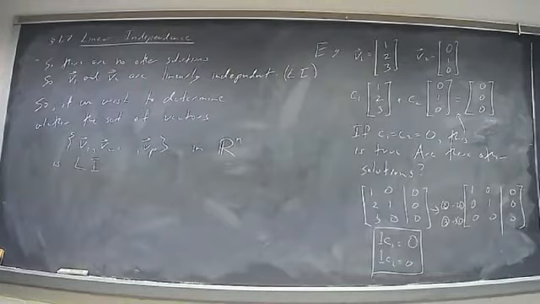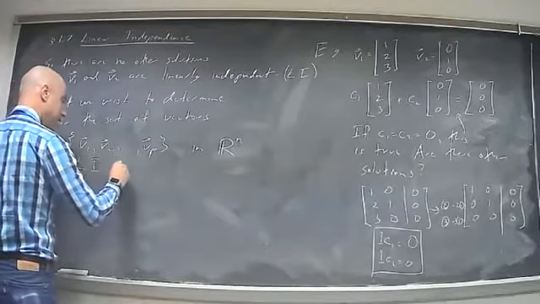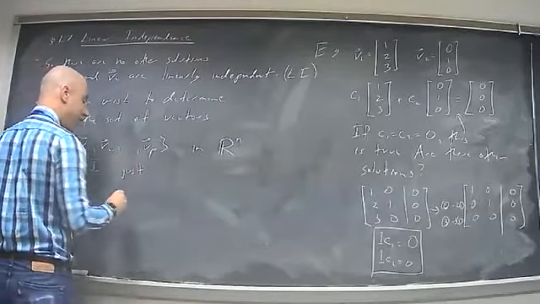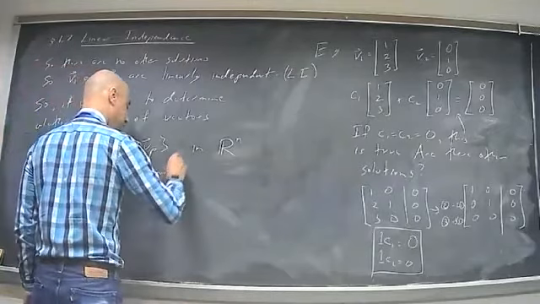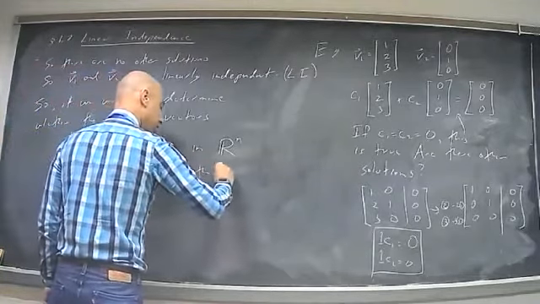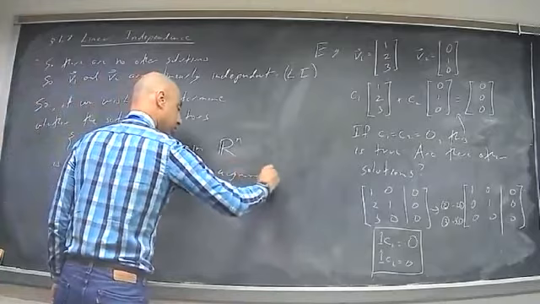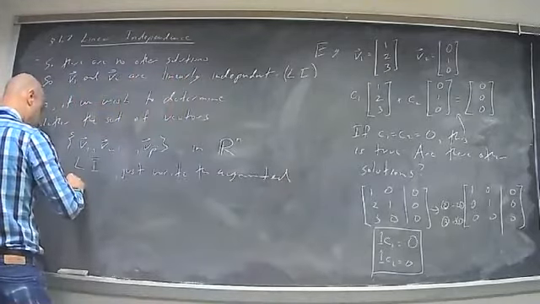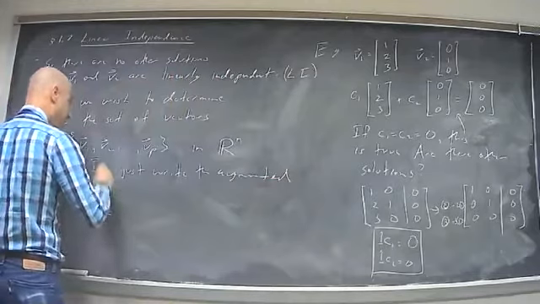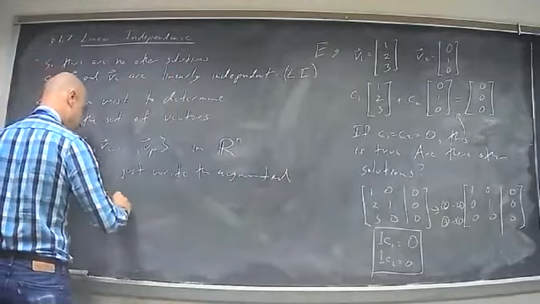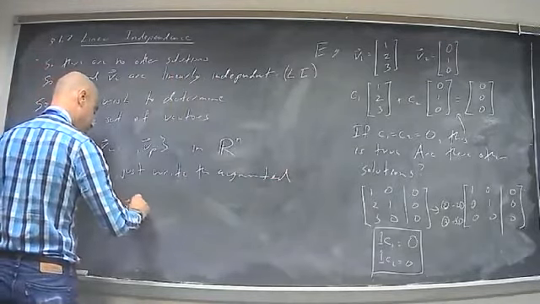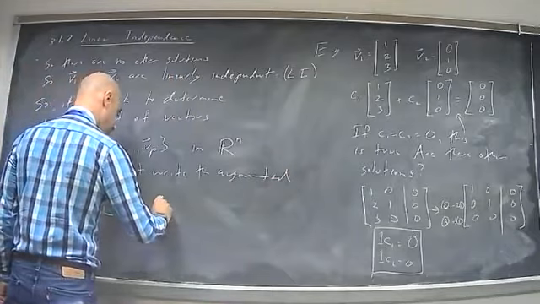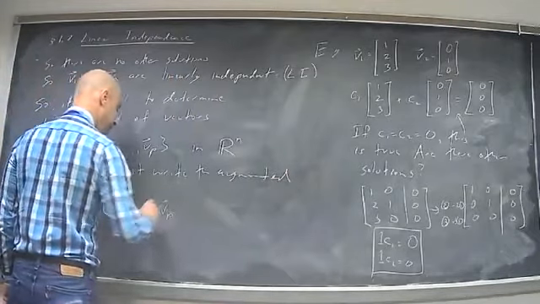A lot less writing. Just write the augmented matrix, where the first column is v1, the second column is v2, all the way up to vp.